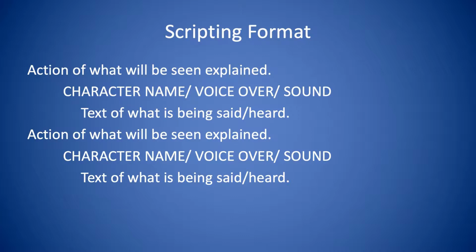Whatever that visual is, if there's going to be any text graphics on there, you'd also want to explain that in this section. Then next, in all caps, you're going to have the character name, a voiceover, or what sound. So you'd say music or Sally or voiceover Sally. So that way, as you're looking at this script, you know what's going to be heard, and below that full caps labeling is going to be the text of what is being heard.